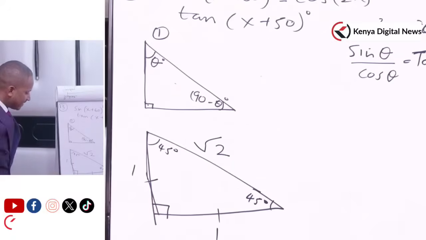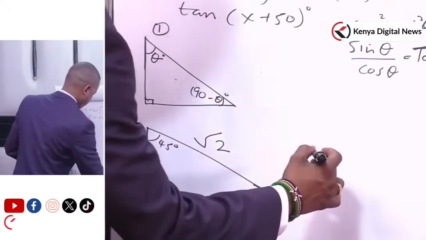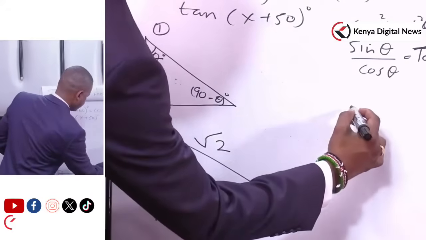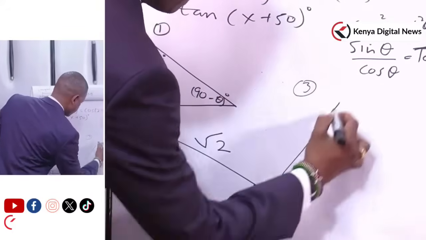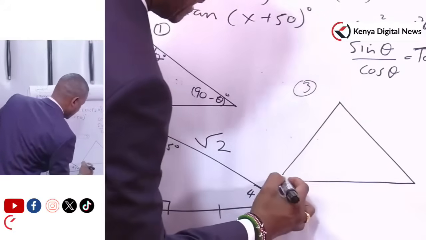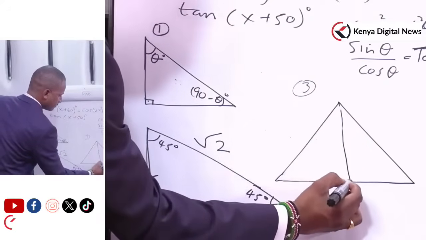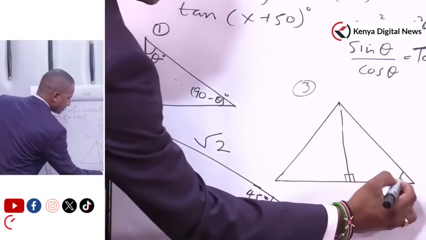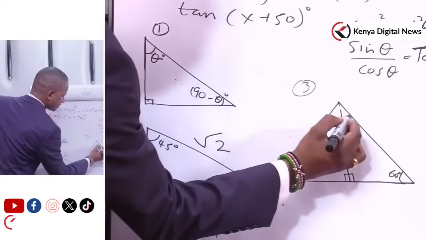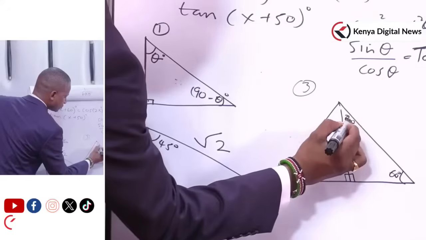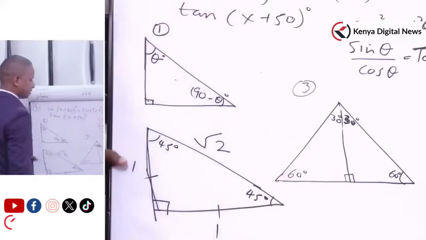Now, the third identity triangle, let me put it here. The third identity triangle is this, an equilateral triangle. And then you divide here. If you divide here, this is 60 degrees, 60 degrees, then this is also 60 degrees. This comes to 30 degrees, and this is 30 degrees.